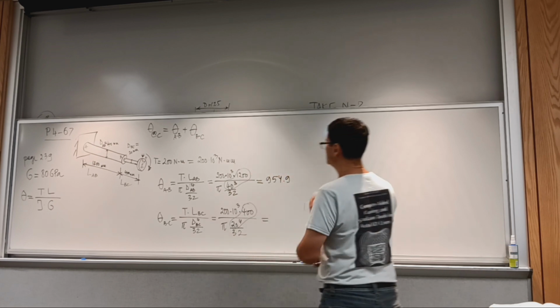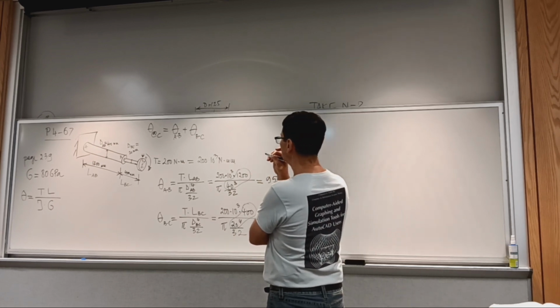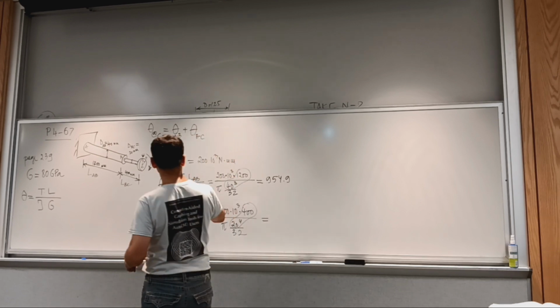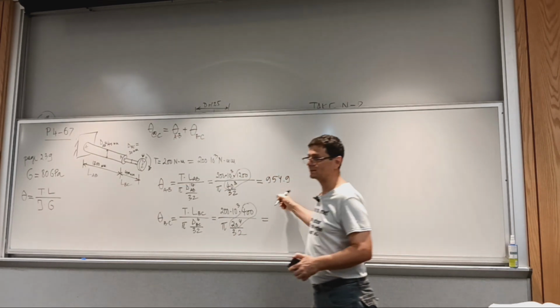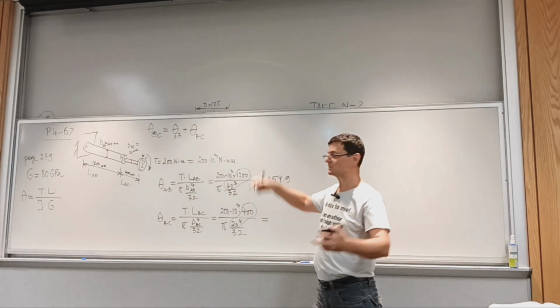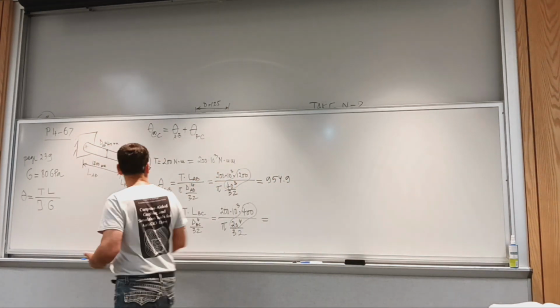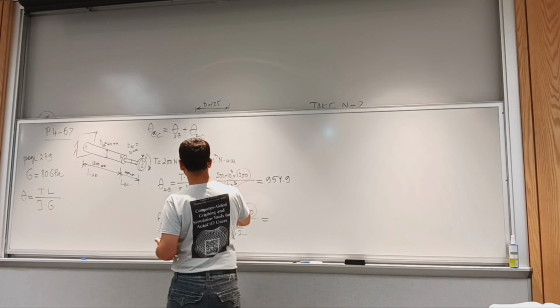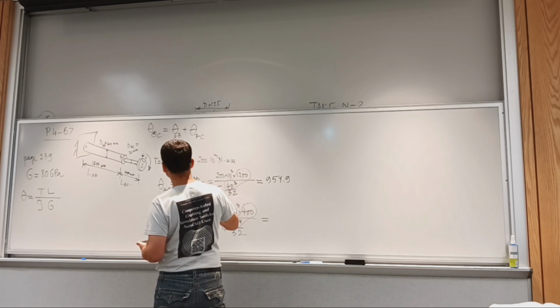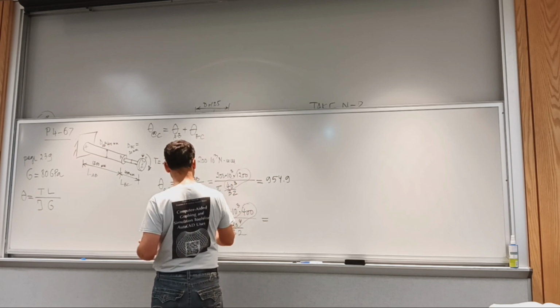This is a big value, and I think we missed something in the formula. It cannot be this many radians. This is like 3 turns. So we missed this. So we need to multiply, in the formula, by G.